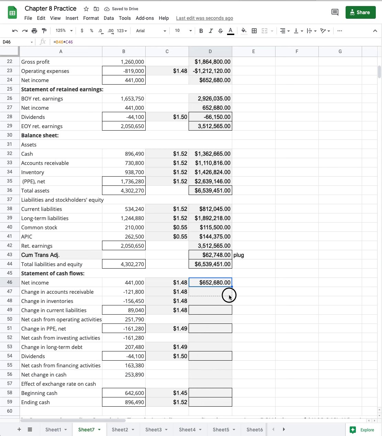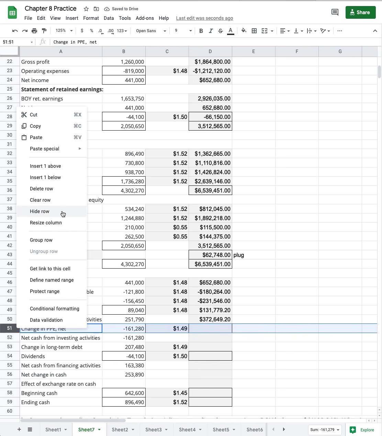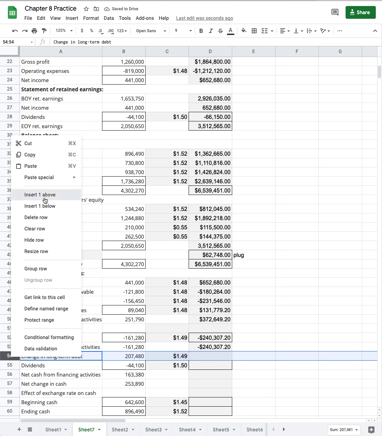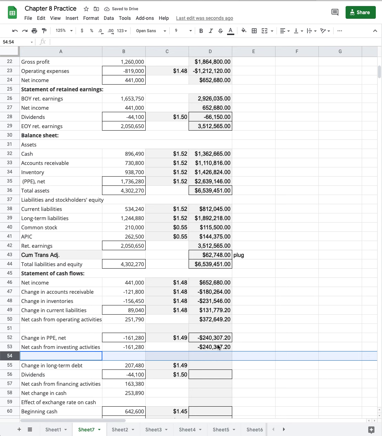Then we'll just do our multiplication. So our net cash from operating activities, and I actually think it's easier to insert a row here so that we can see the end of each type of activity. And so for investing, we only have this one activity, so we have a net use of cash.